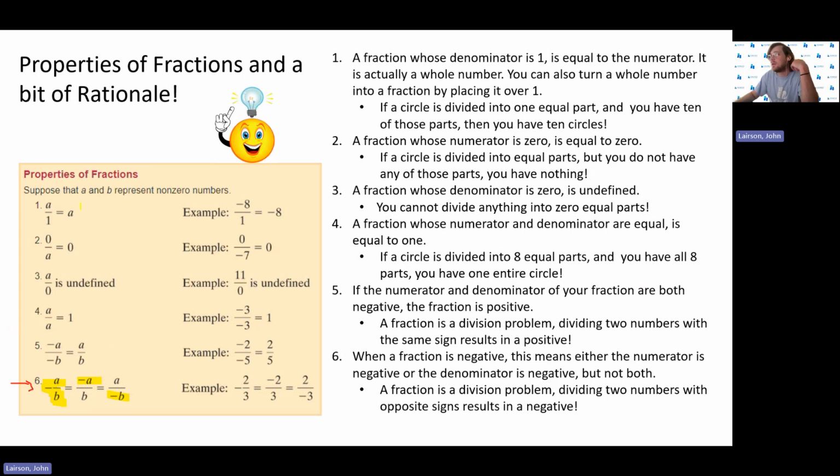It's a division sign, so a negative divided by a positive is going to be a negative number. So it can go in the top or bottom. It really does not matter where. Most people write it in the top though, and that's what I will do. So when I see a negative A over B, I will often just put it in the top, just because that's where I like to put it. You can put it in the bottom, but usually we want the bottom to not be negative, just for simplicity. So I always put it in the top.